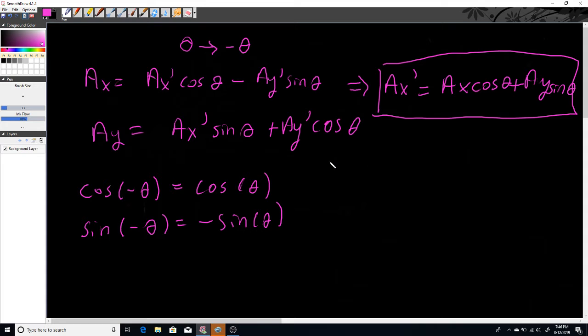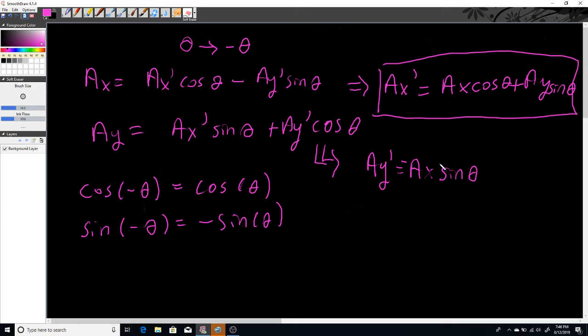Okay, so now we do the very same thing here. A of y prime is equal to negative a of x times sine of theta, right? Because the sine of negative theta becomes a negative sine of theta. So let me clarify that.